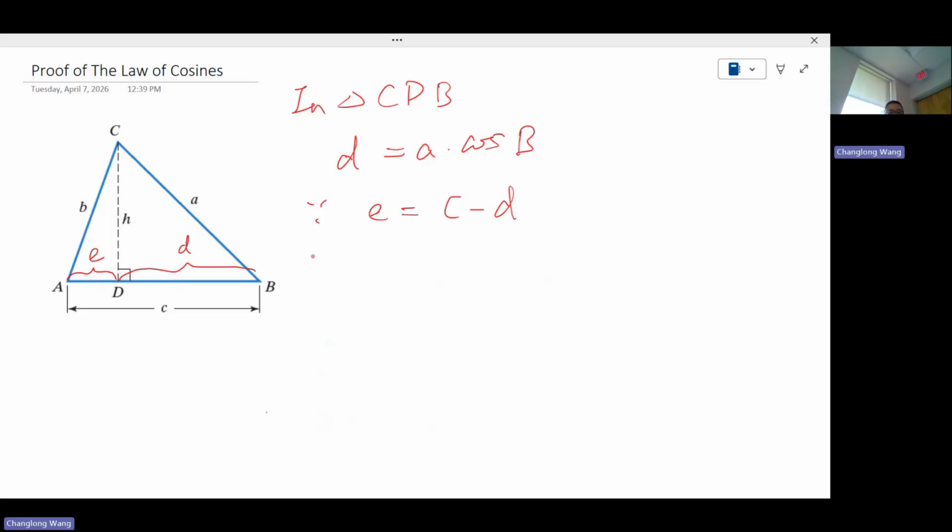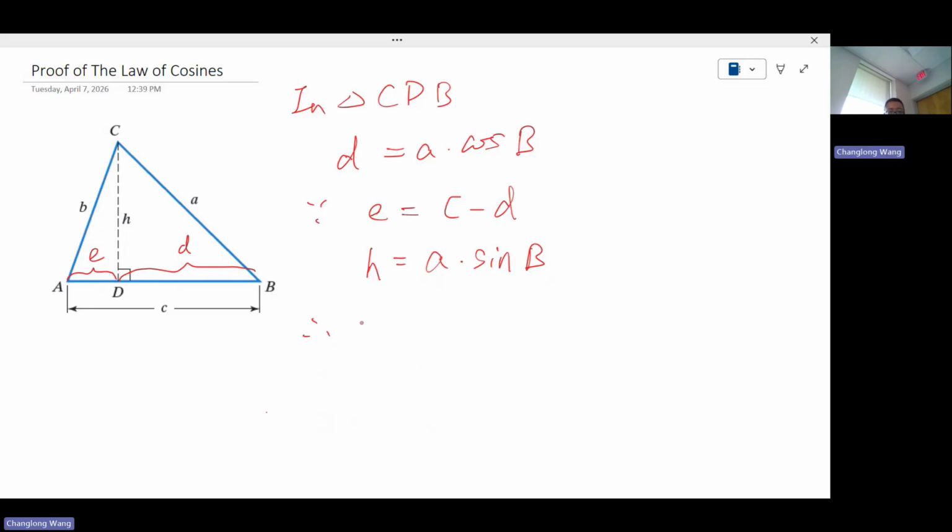Okay? And also, please recall what we did for the h. You guys remember how I find the h in terms of a and b? It's little a times sine b, right? You guys with me? Okay.